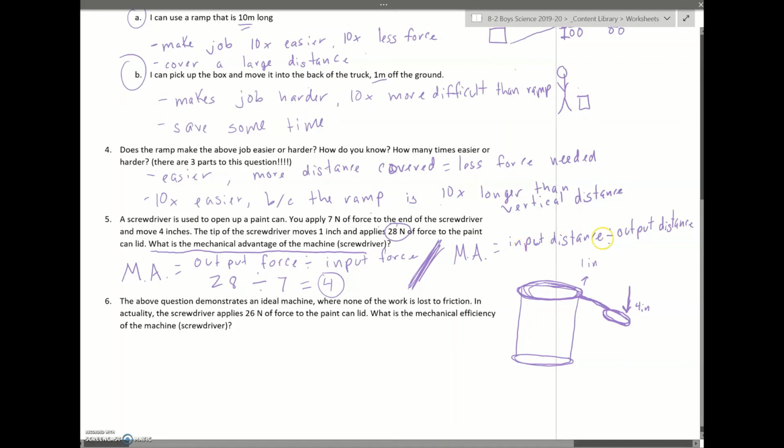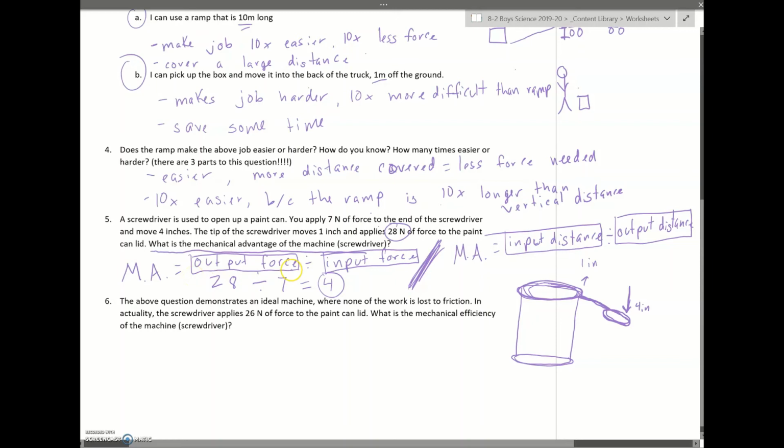And it's really important to get the order right here. You'll notice input distance divided by output distance. Over here, this is the opposite: output force divided by input force. Both of these equations will give you mechanical advantage.